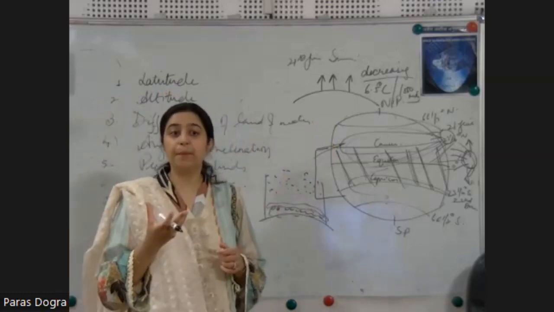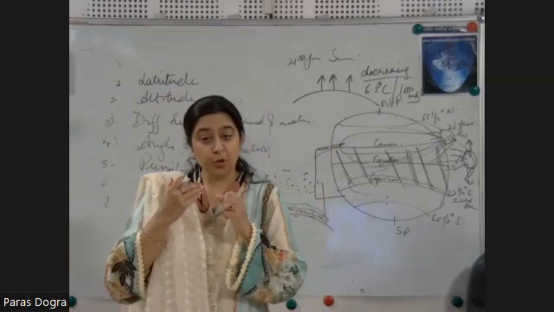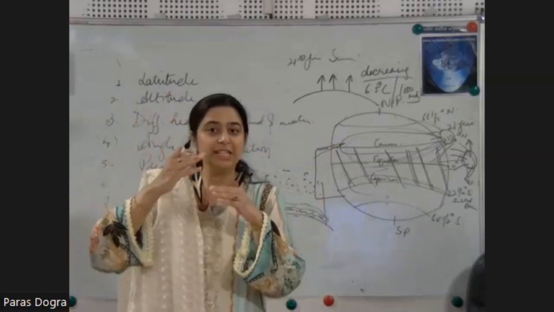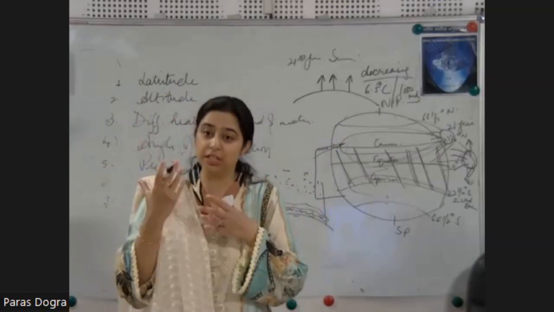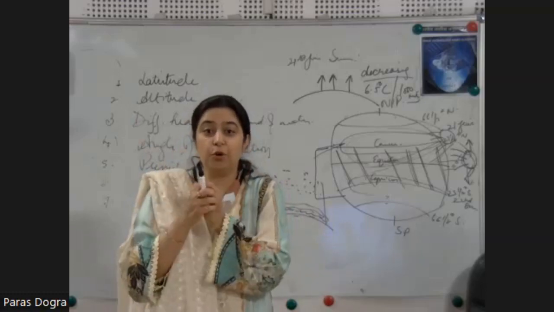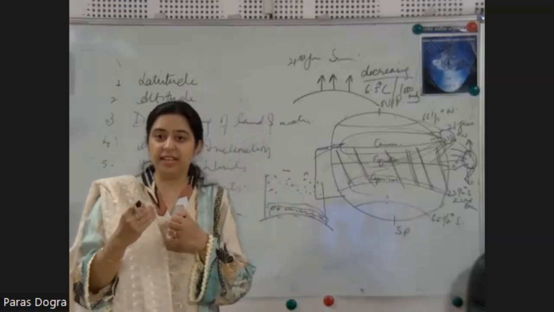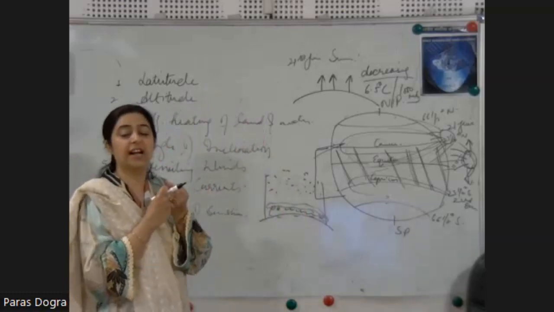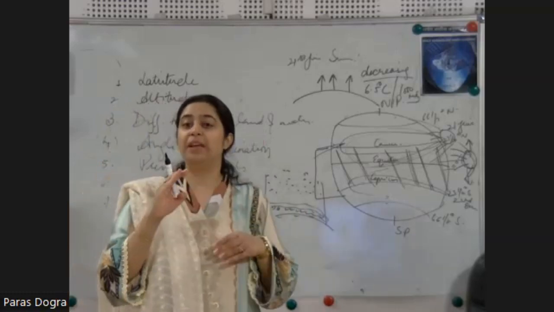These components are capable of holding the heat, of retaining the heat. So as we are moving upwards, their concentration is decreasing, and so the heat holding agents are decreasing. And when the heat holding objects are decreasing, heat retention is not there.